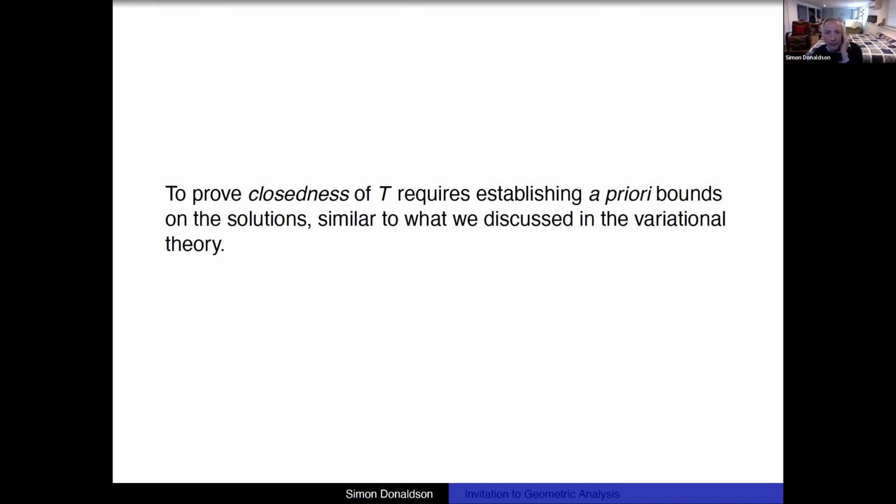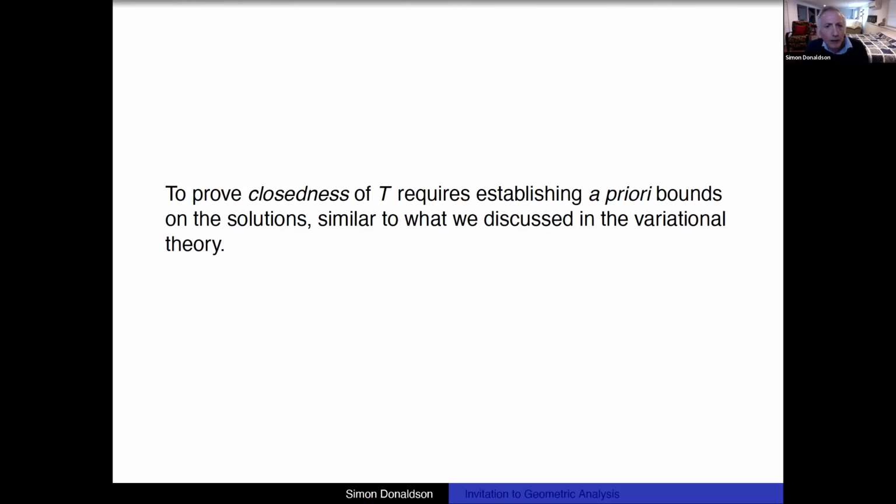Can we get bounds on some kind of norm of the solution? If we can do that, then if we take a sequence of such parameter values, we can take a limit of the corresponding solutions and hope to show that that limit gives a solution for the limiting parameter value, therefore establishing the closedness of T.